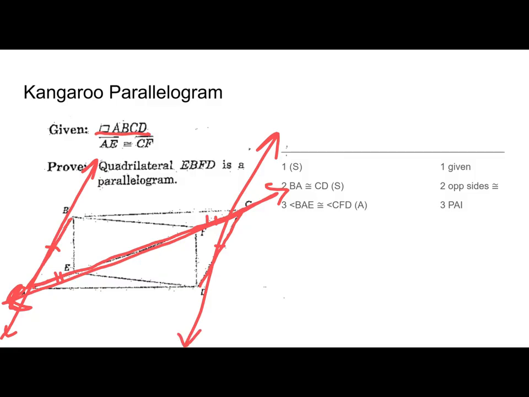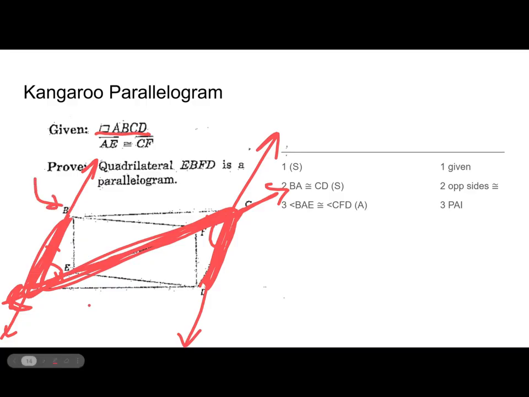But this is the angle we're looking for, this BAE and CFD. If you look at it here, this is your Z, which is PAI. Z is always PAI, because these lines are parallel, and they're alternate from each other, and it's on the interior.